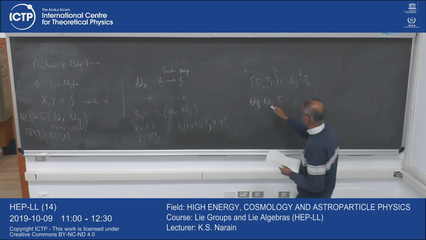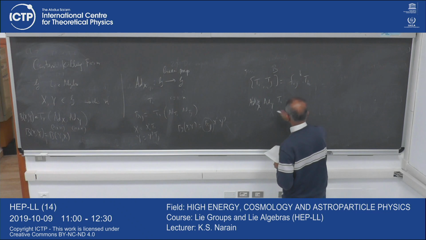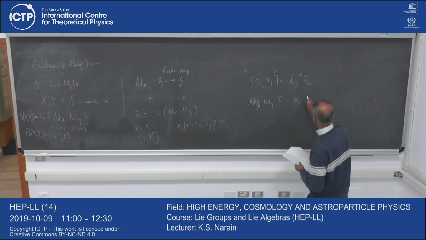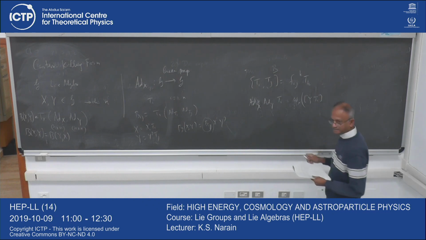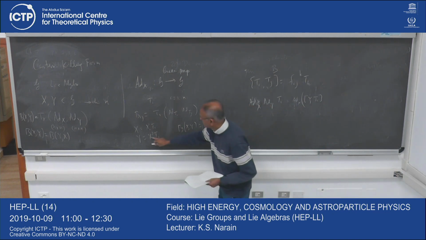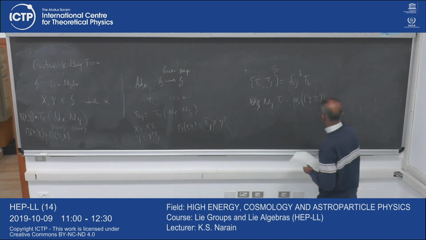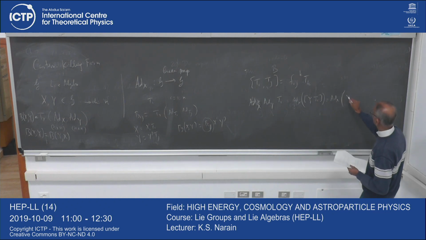So then I do it step by step. This is the same as ad x acting on, this is nothing else but [y, T_i]. Ad x is acting on now this. But then I rewrite this using the expansion y^j T_j. So this is the same as ad x acting on y^j, the commutator of T_j with T_i.